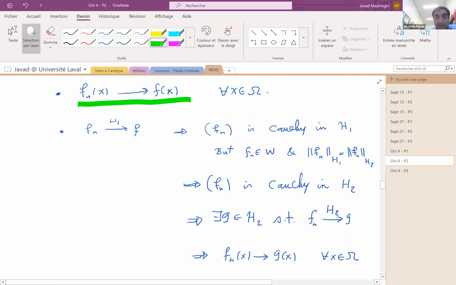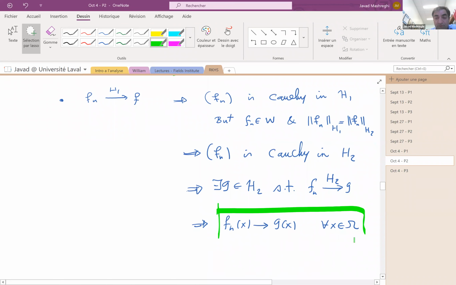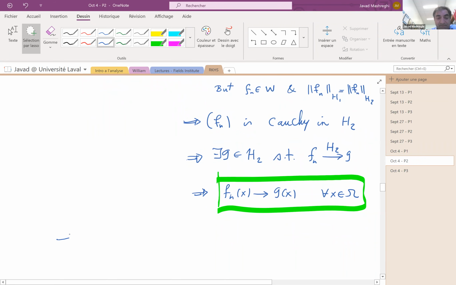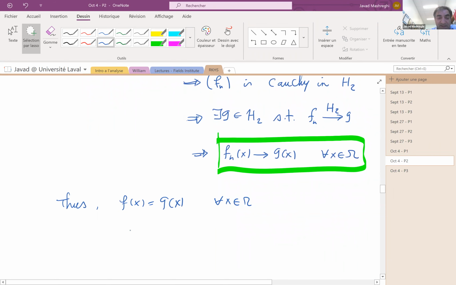Fn goes to F and Fn goes to G. Comparison tells us that f of x is equal to g of x for every x, which is the same thing as saying that f is equal to g, so f is in H2.